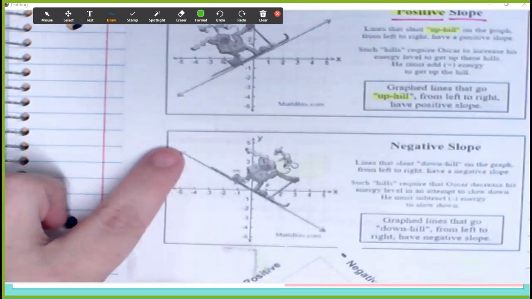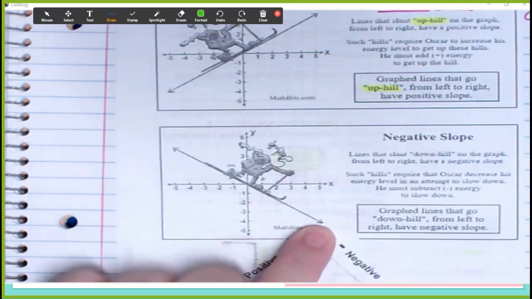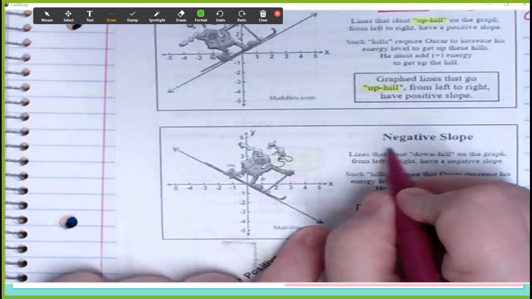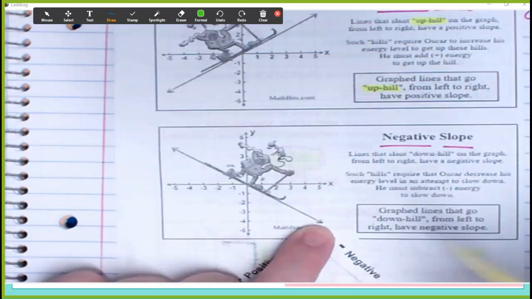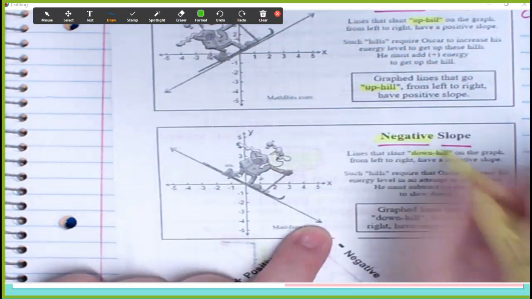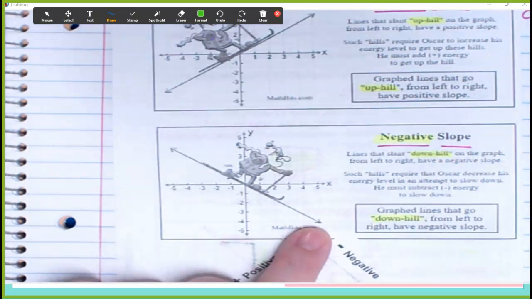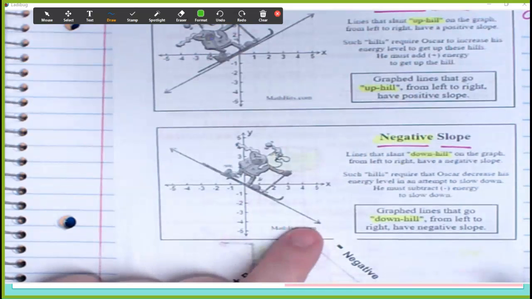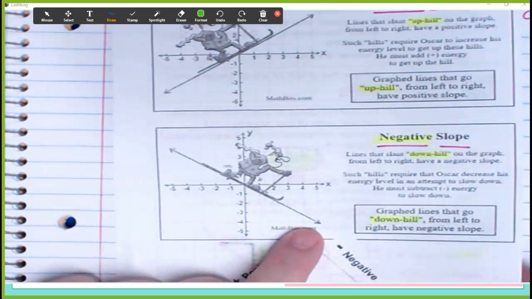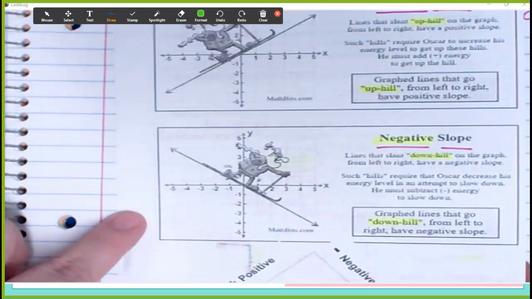So when he skis downhill, that makes it a negative slope. Negative numbers, negative slope, because Oscar is skiing downhill. Downhill. Now, any questions on positives and negatives?